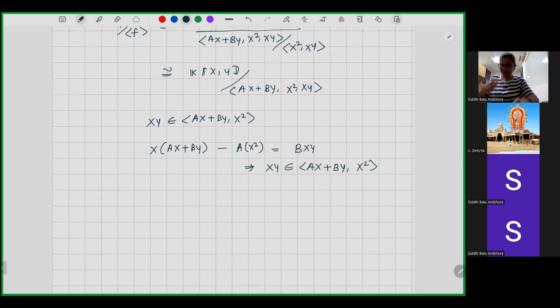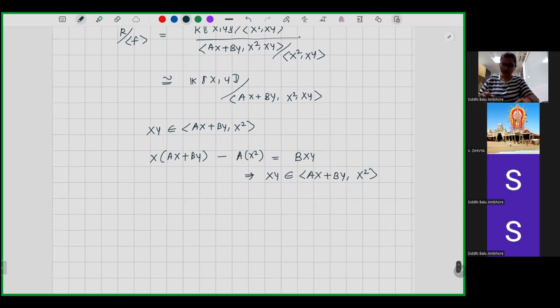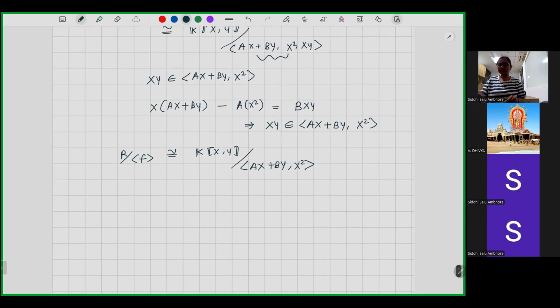I mean, just understand this much for now. So this is for now isomorphic to K[[x,y]] quotiented by (ax plus by, x square). Okay, because this xy is anyway in this ideal generated by these two elements. This much is clear, how this R mod F is now isomorphic to this ring.